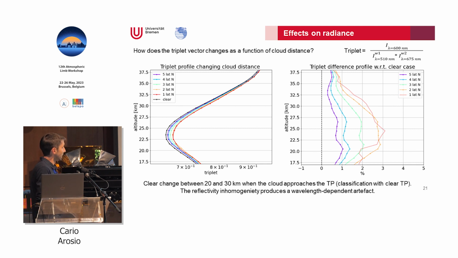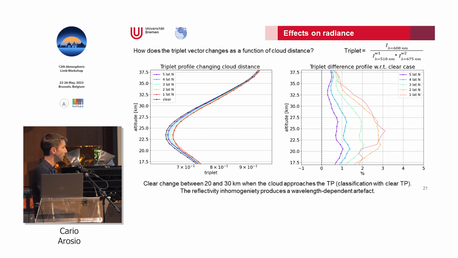And so again, I took all the level 1 data falling in all the categories that I presented before, averaging the triplet profile for each category, and then we see that with the high reflectivity beam approaching the tangent point, we see this bias. So the triplet goes to higher values.